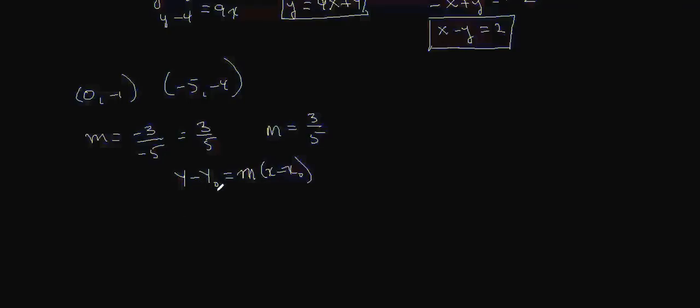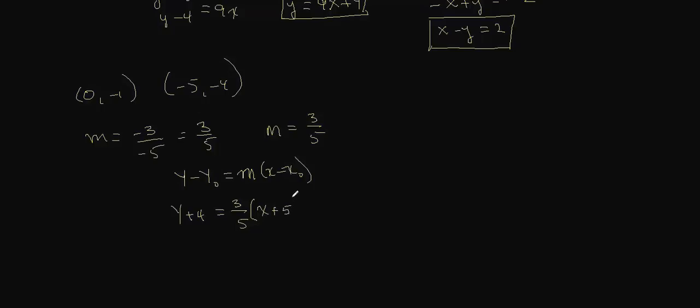Here we'll pick the -5 and the -4. So y minus a -4, that makes it a +4. And their slope is 3/5 times x minus a -5, which makes it a +5.